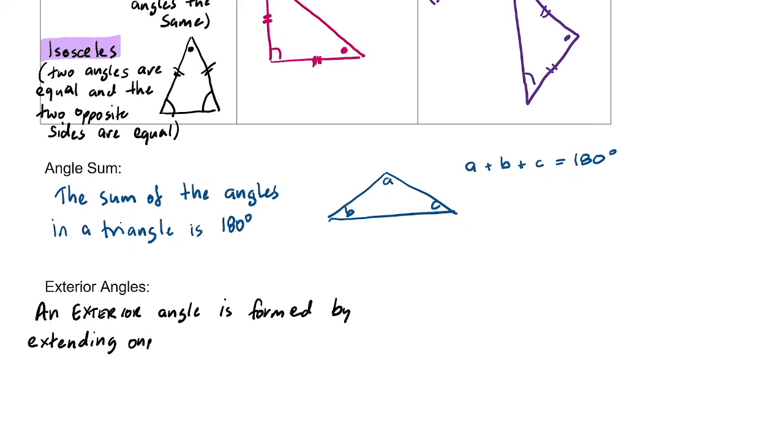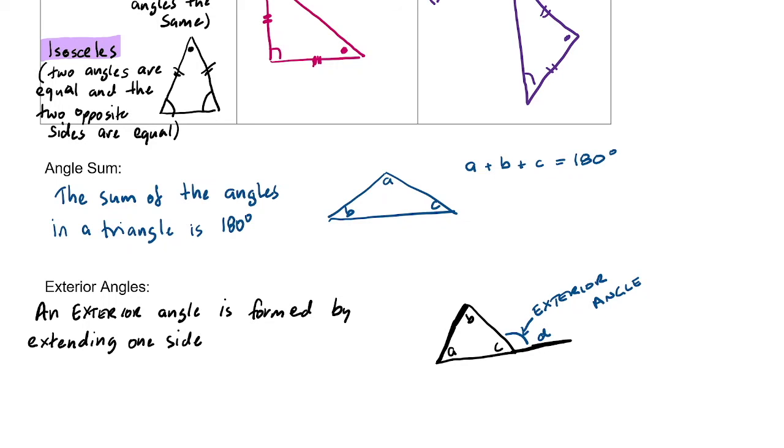What we're doing is we've drawn a triangle, so there's my triangle. To get the exterior angle, I've got A and B and C in here, but I want to make an exterior angle. So I'm going to take this side and lengthen that line. And in here, that's my exterior angle. I'm going to make that one D.